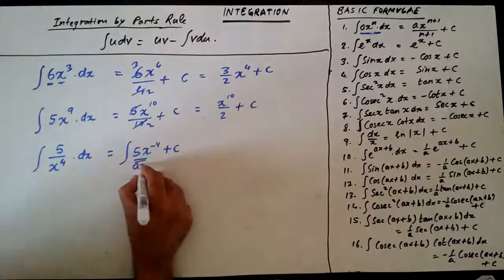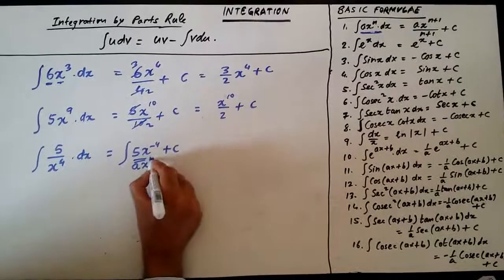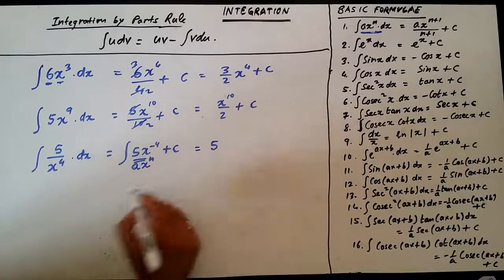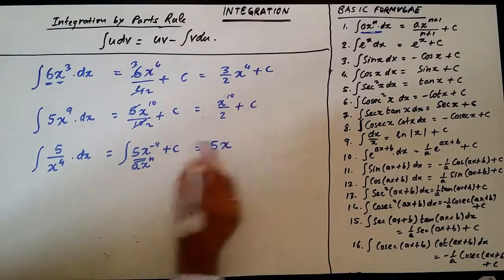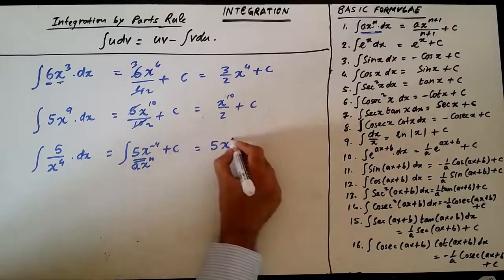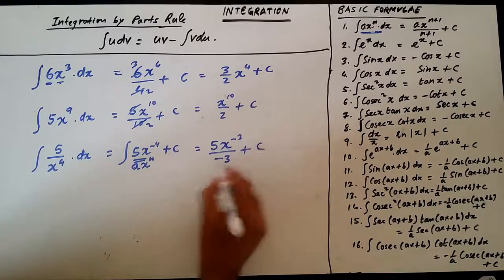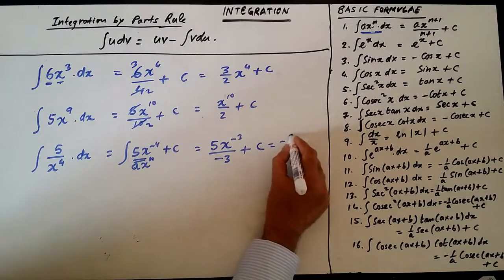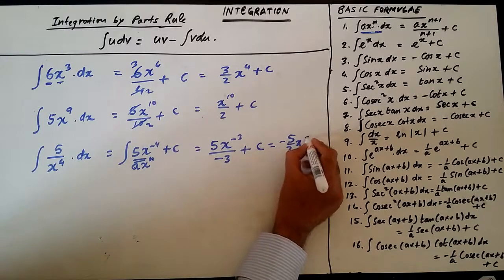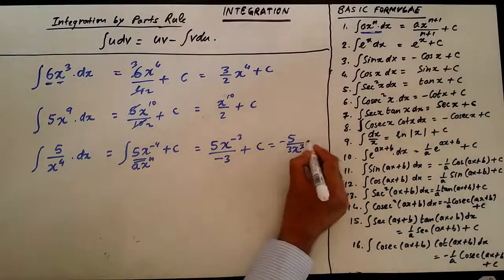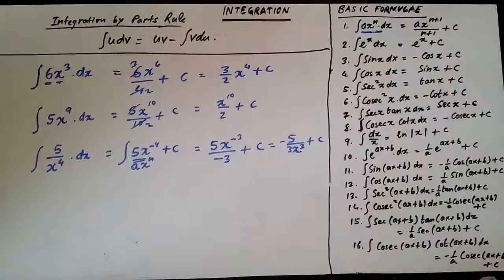Now it is of the form ax to the power n, where n is equal to minus 4 and a is equal to 5. So this becomes 5 times x to the power minus 4 plus 1, which is minus 3, and we divide by minus 3, plus c. So this is equal to minus 5 by 3 x to the power 3, or we can take x to the denominator. This becomes the answer.